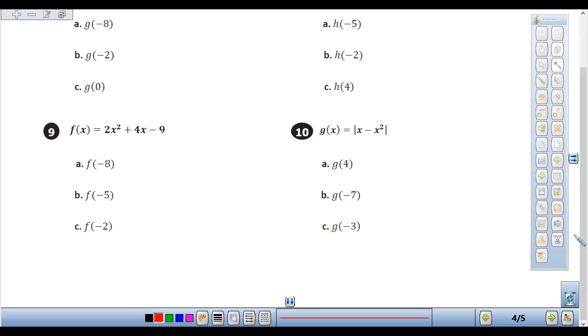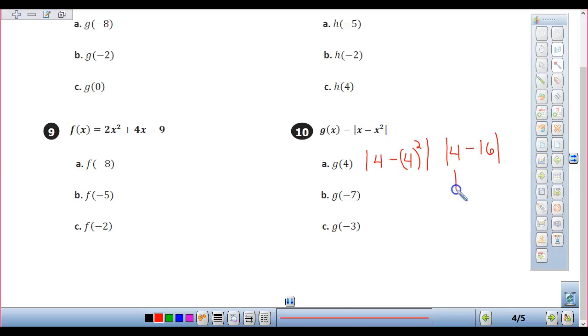So if I'm plugging in 4 for x, so I'm taking the absolute value of 4 minus 4 squared, okay? So 4 minus, what is 4 squared? 16. So now be careful because this is still inside the absolute value. So it's the absolute value of, what's 4 minus 16? -12. But then what's the absolute value of -12?